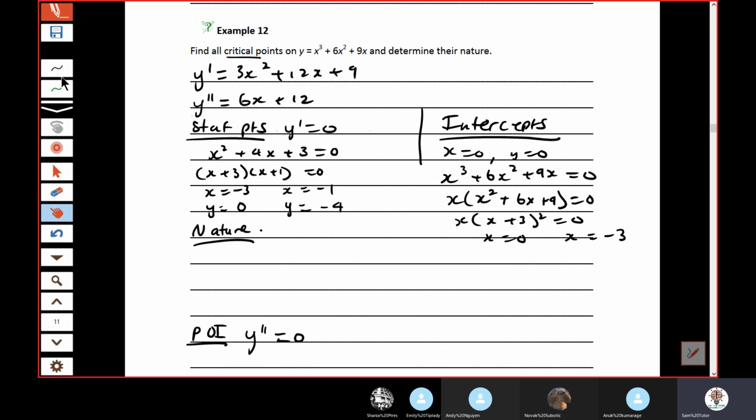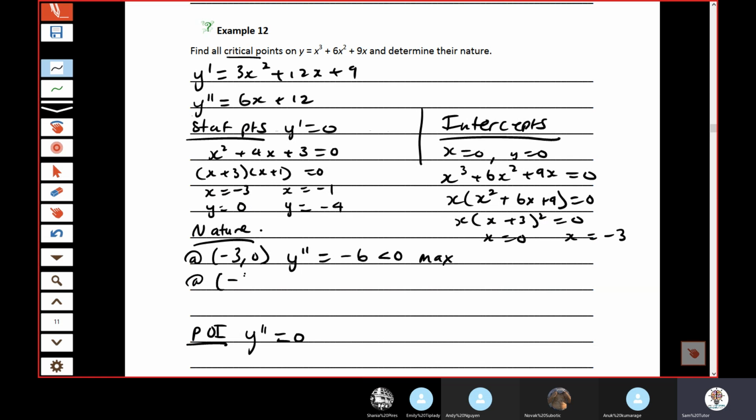All right, I'll continue. Nature at -3, 0. Y double dash equals 6 times -3 is -18 plus 12 is -6, less than 0, max.